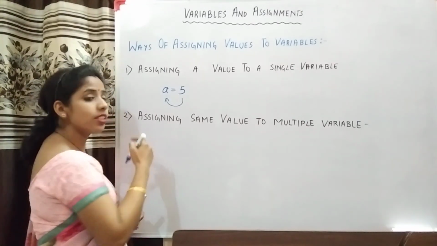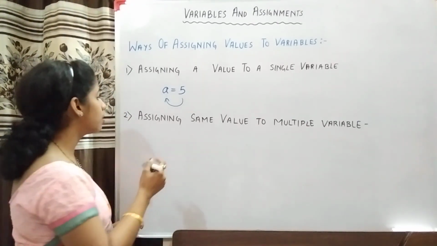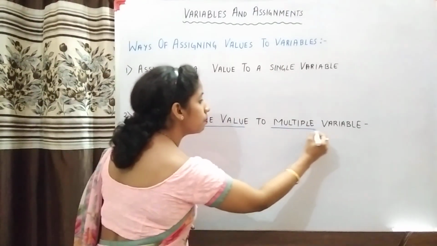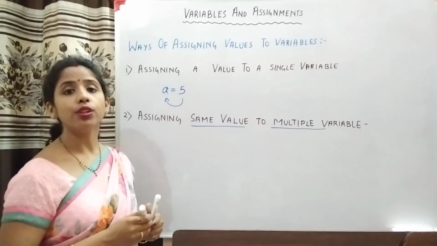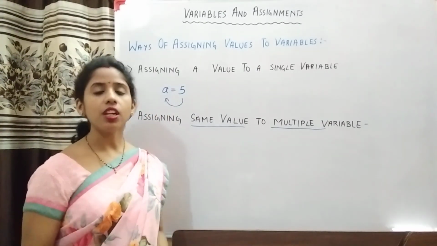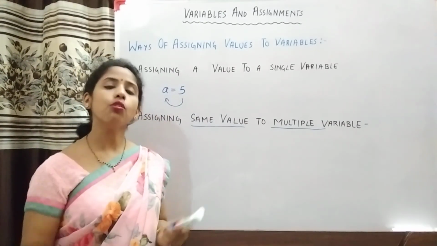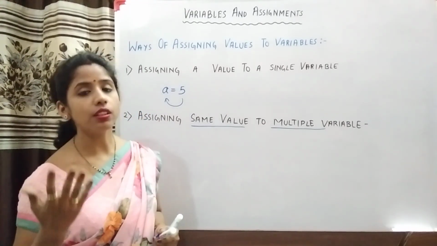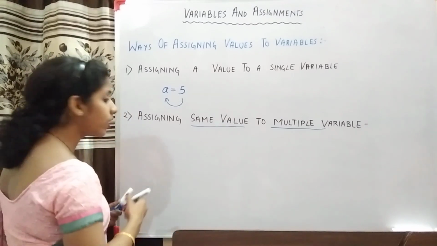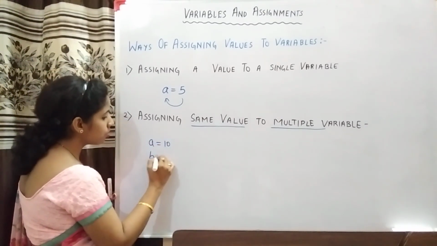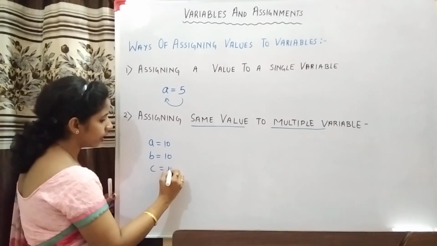Okay, now see the second way of assigning value to a variable, means assigning same value to multiple variables. Means we are going to give a single value to more than one variable. मान लीजिए हमें a, b और c तीनों variables को value 10 ही देनी है. Then there are two ways of doing it. One, the traditional way is write a is equal to 10, b is equal to 10, c is equal to 10.